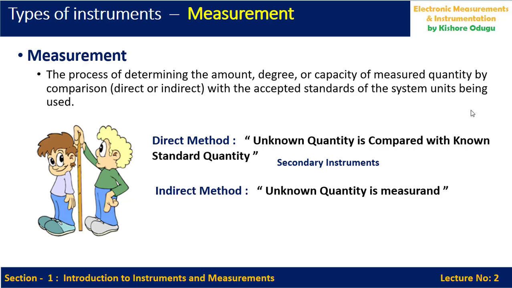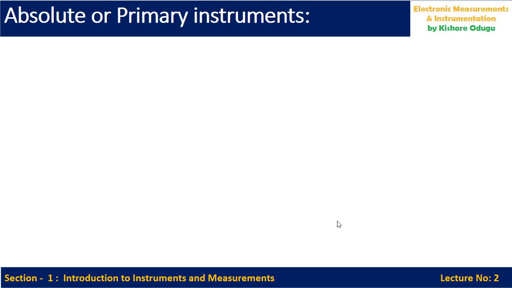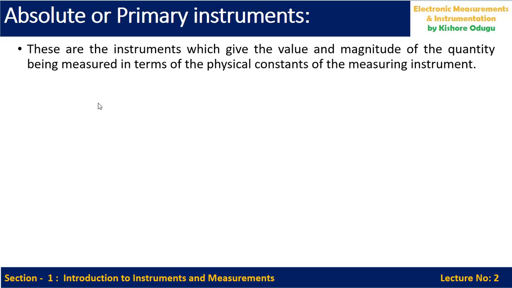And in the indirect method of measuring, the unknown quantity is directly measured in a device. We call it the indirect method. These instruments are absolute instruments, where we are directly measuring the unknown quantity. So, absolute instruments or primary instruments.